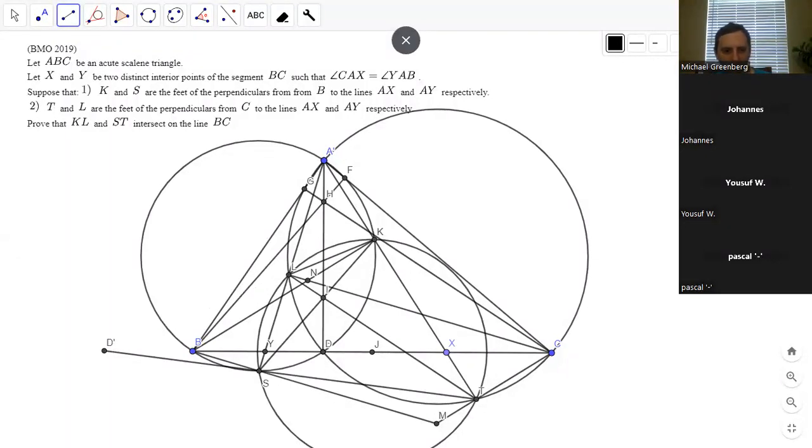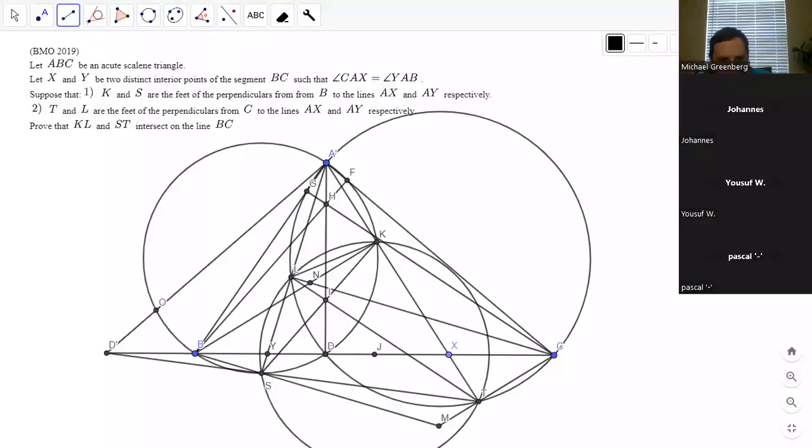It's tricky. Let's see. I'm trying to show N, I, J, and M are collinear. We need to show I lies on that segment.